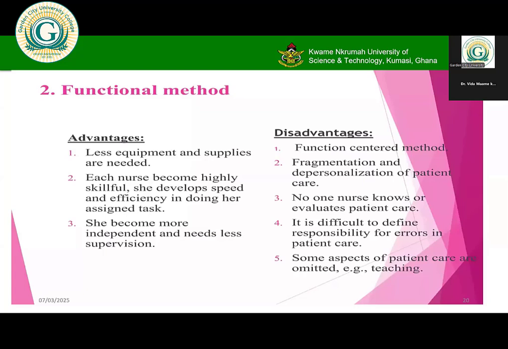With the disadvantage, it is a function-centered method. So you become skillful in one task, but for the other tasks you need to struggle to get them done. There is fragmentation and depersonalization of patient care.